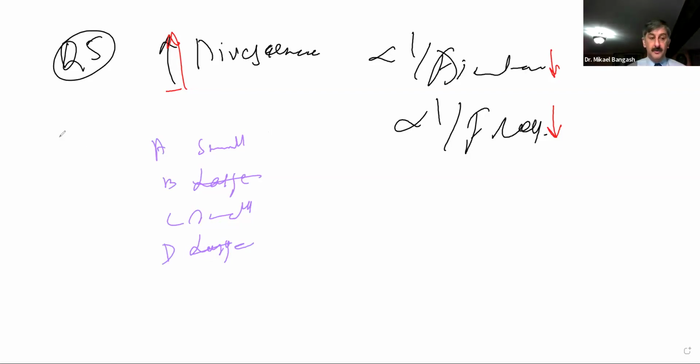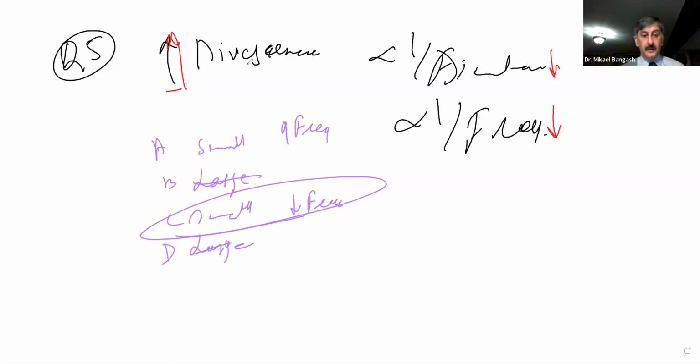We just have to choose between the two small ones, and look for the low frequency. So here we have a high frequency, here we have a low frequency. That would be the one with the least divergence. Or the greatest divergence, sorry.